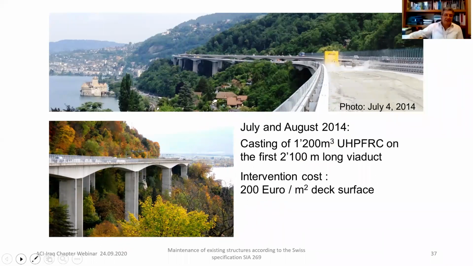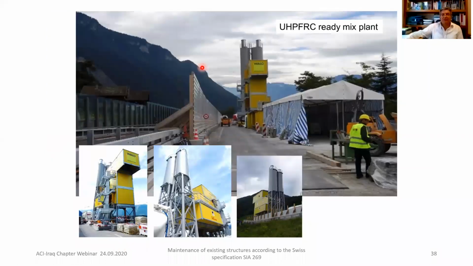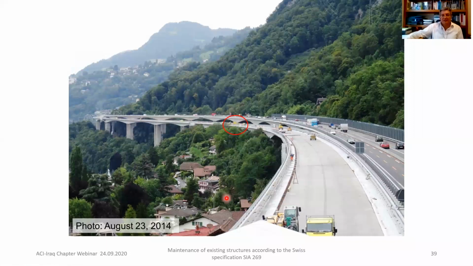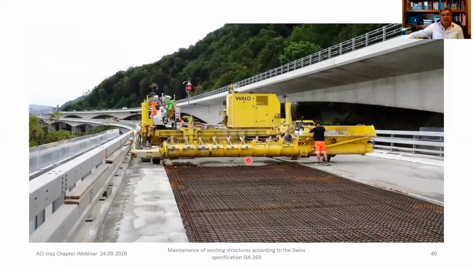And you will see the process. This is the ready mixture plant, a special one for this material, and you can see the process is very simple, because just this machine puts the layer down and continues. You can see the circulation here in two-way, and it continues for all the 2,100 meters till the end. The process is very simple.